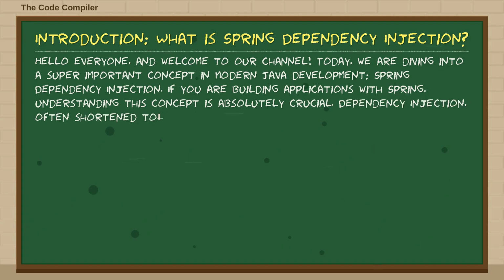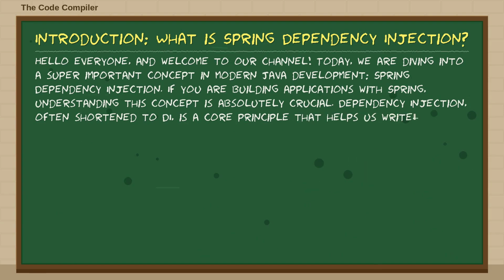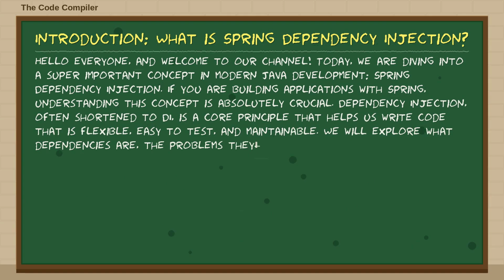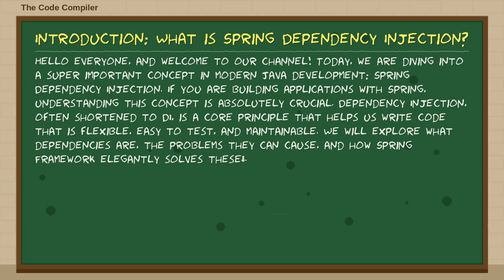Dependency injection, often shortened to DI, is a core principle that helps us write code that is flexible, easy to test, and maintainable. We will explore what dependencies are, the problems they can cause, and how Spring Framework elegantly solves these problems for us.